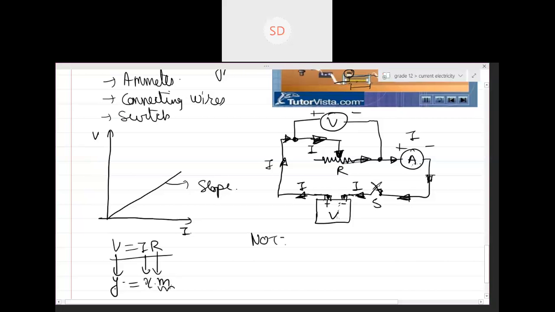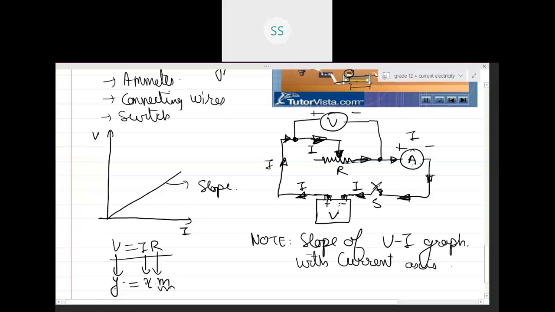So note this particular thing. Slope of VI graph with current axis gives us the resistance. Is that clear?